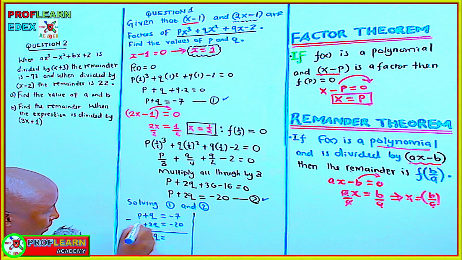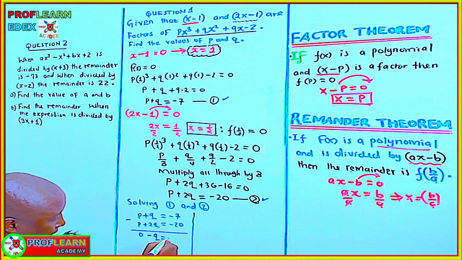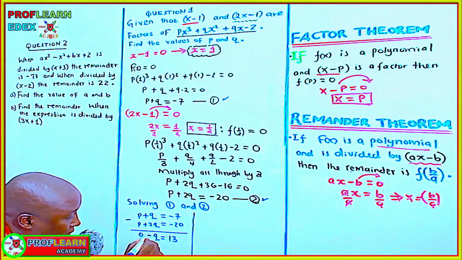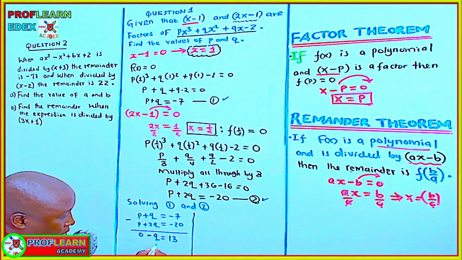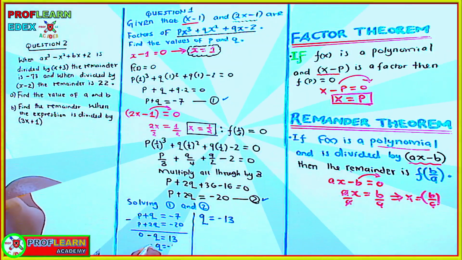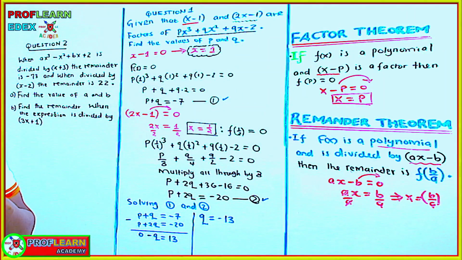It will be 7 minus negative 20, and that's going to translate to 13. So from this point, you can see that if I have negative q equals 13, then it means that q is equal to negative 13, and that is the value.